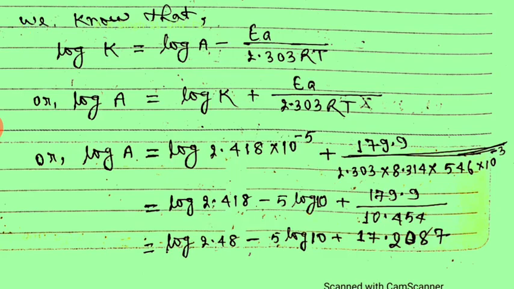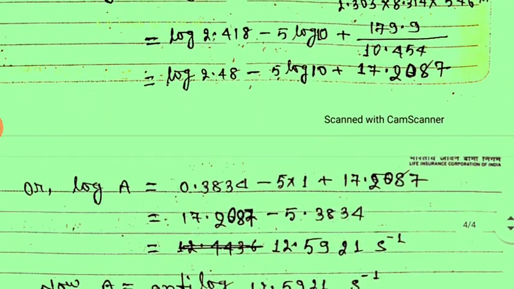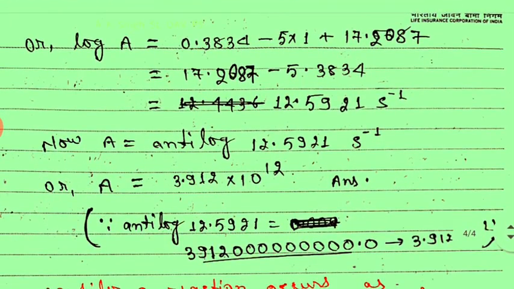Now log A is equal to what? Log A will be equal to 0.3834 minus 5 into 1 plus 17.2087. It will be equal to 17.2087 minus 5.3834.